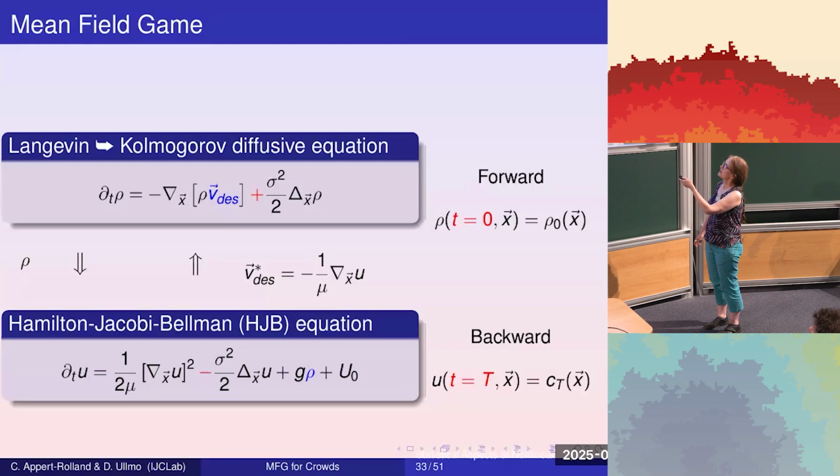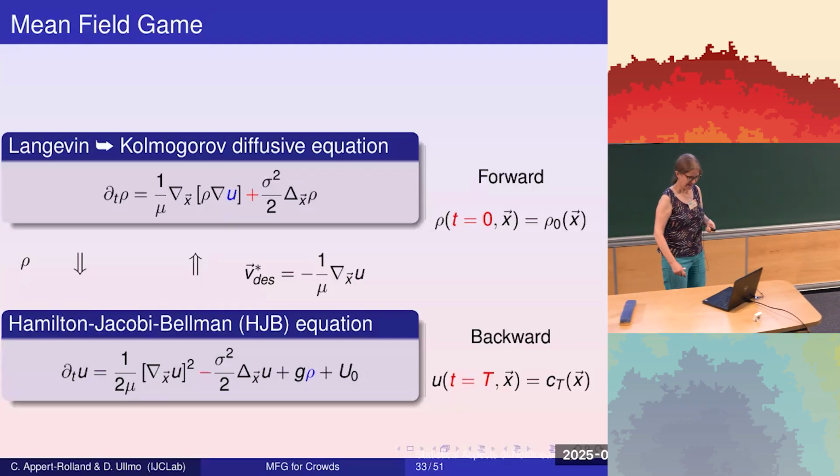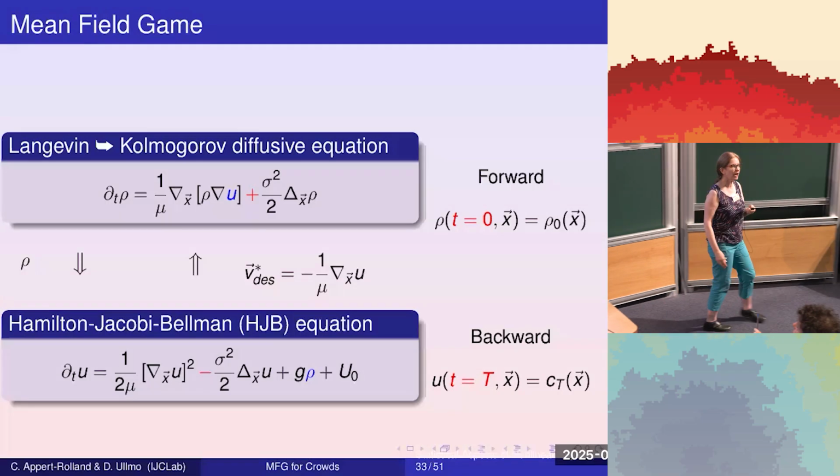Here you had the desired velocity. And from the optimization of u in the intermediate steps, you determine that this desired velocity is a gradient of u. So if you replace here, now you have two coupled equations with two variables.